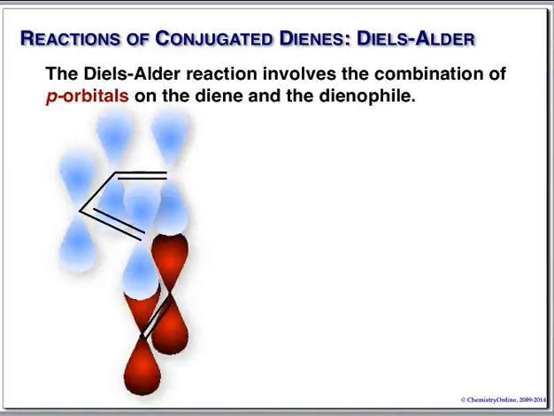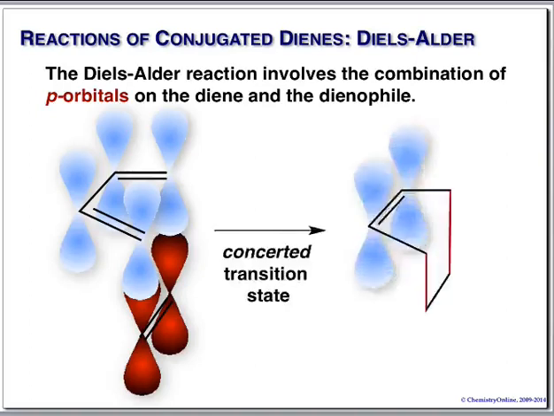Now all of a sudden you can see how this works. These guys right here simply collapse to form a single bond. Same thing with these guys. These are leftover p orbitals, aren't they? Therefore, when we form our bonds, these are left as our alkene.